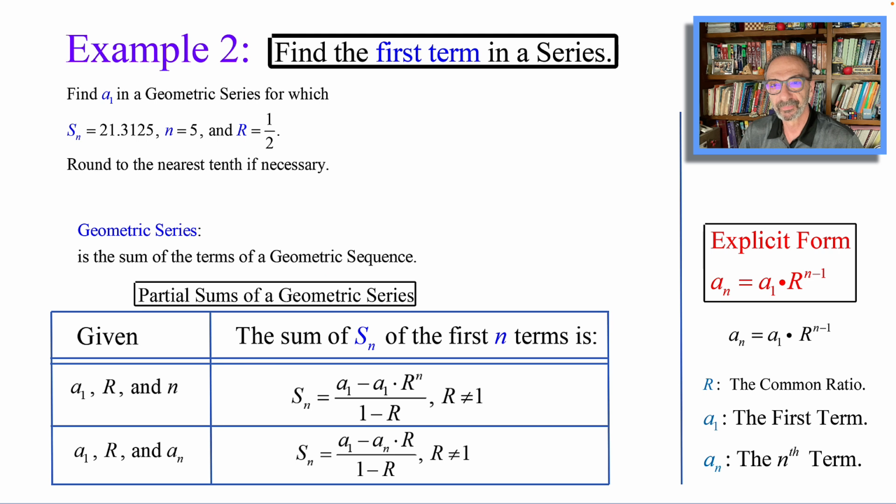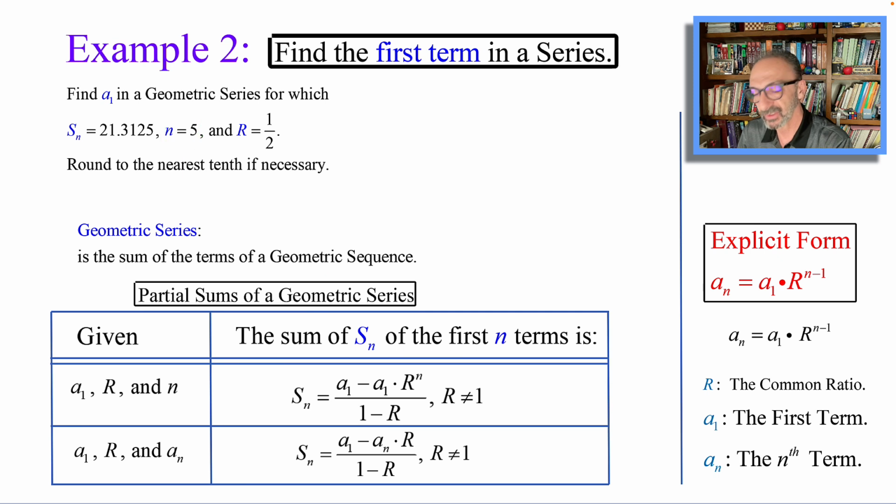Example number 2. Find the first term in a series. To find the first term, we have A1 in the geometric series or sequence, for which the sum is given to me as 21.3125. And we have 5 terms.